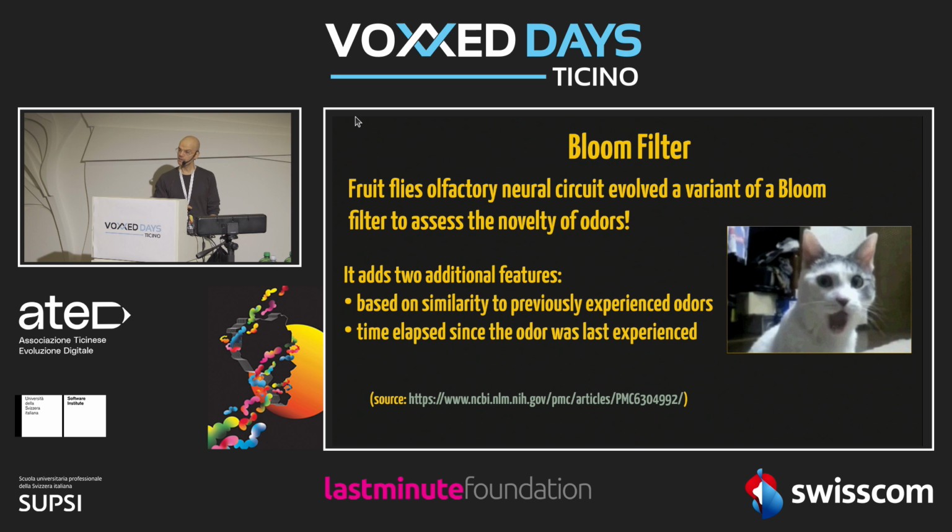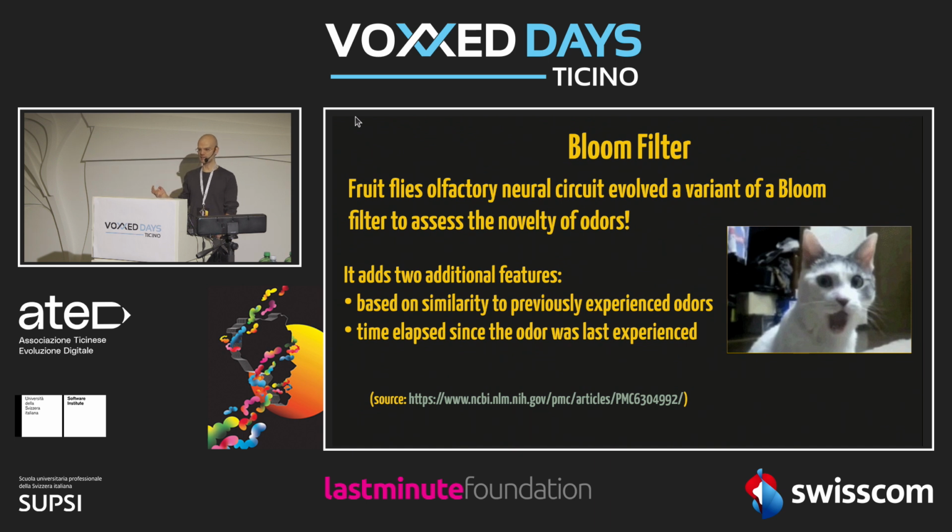So a nice thing about the Bloom filter is that I found a scientific article in which some researchers found that the fruit fly's olfactory neural circuit evolved in nature a variant of the Bloom filter to assess the novelty of odors.